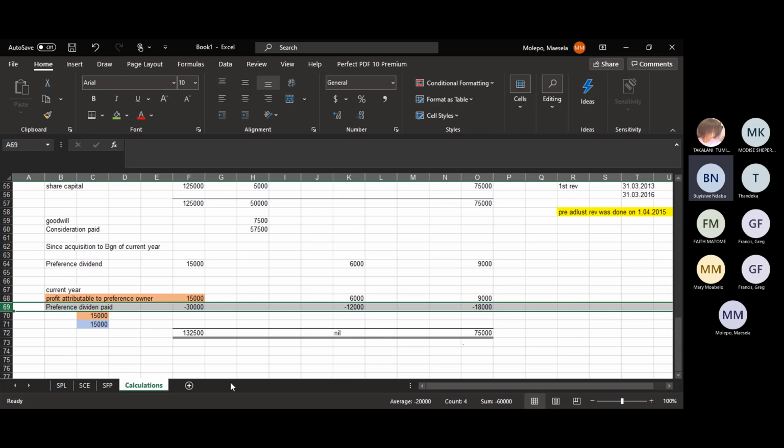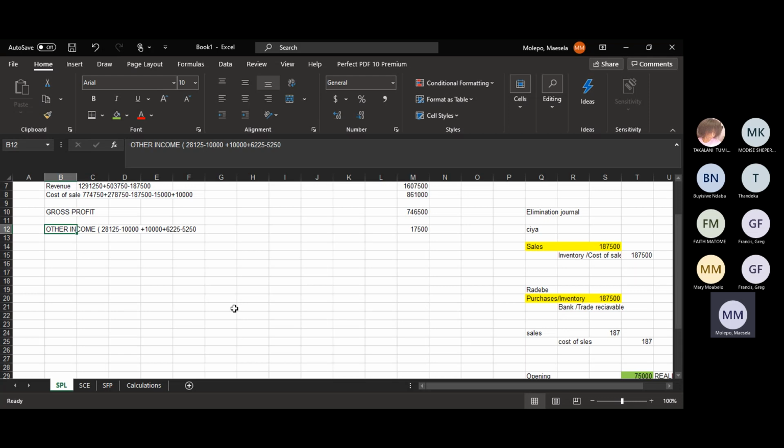Yes, Meneer. Okay, so we have to take, because it was an income to us, but it was an intra-group income. So we have to minus the 12,000, the one for intra-group. So we calculate this, then it will be the 28,125 minus the 10,000.